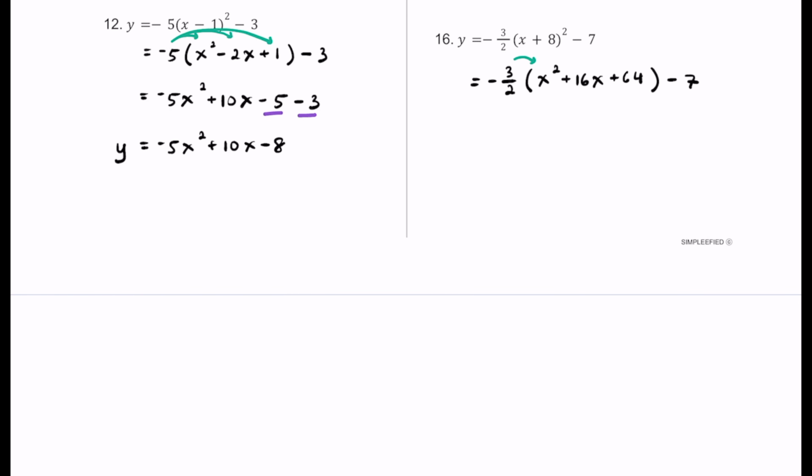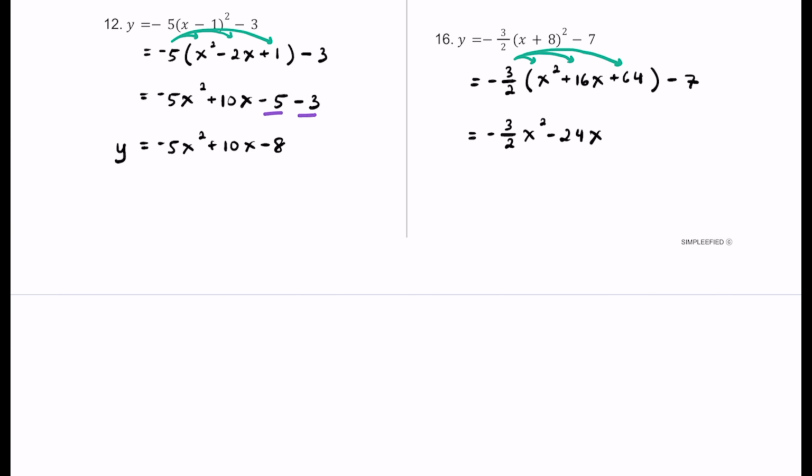Okay, and so that's going to be our trinomial, and we're going to have a -7 on the outside. Then we'll go ahead and distribute this -3/2 to all the terms inside here, just like this. And just take your time with this, but -3/2 times x squared is going to be -3/2 x squared. Let's see, what's 3/2 of 16? Well, 1/2 of 16 is 8, so 3/2 gets you 24. So that's going to be -24x. And then what's half of 64? Well, half of 64 is 32. So 2/2 would be 64, 3/2 would be 96.